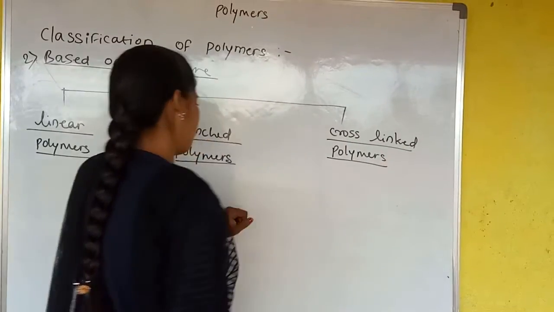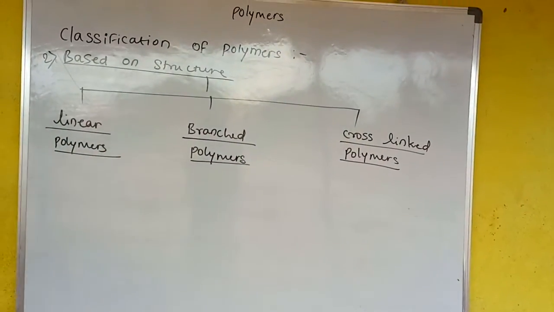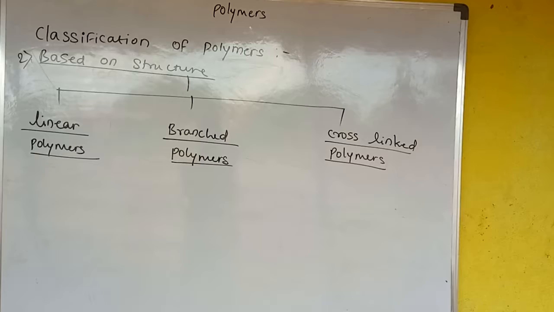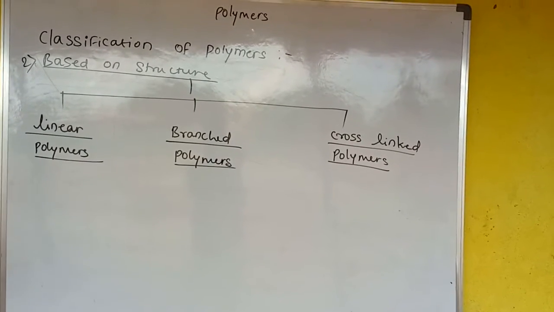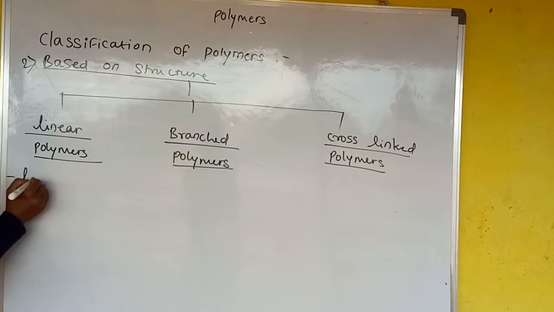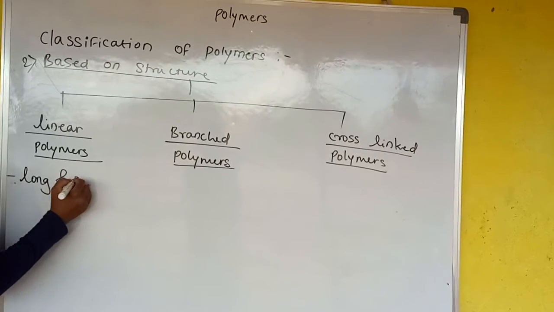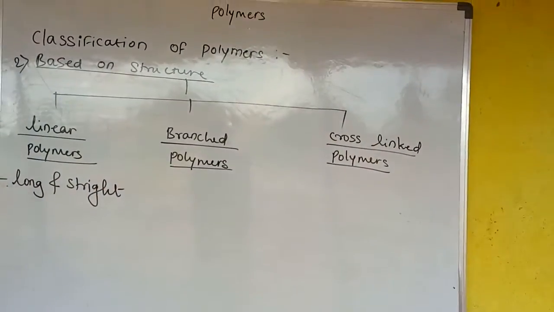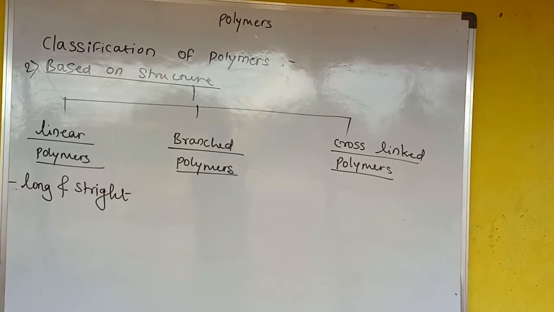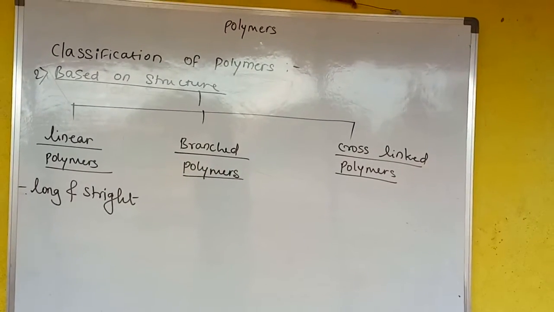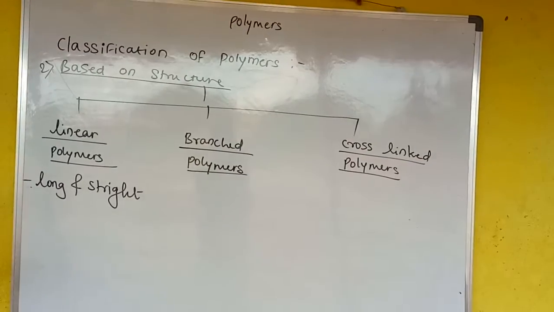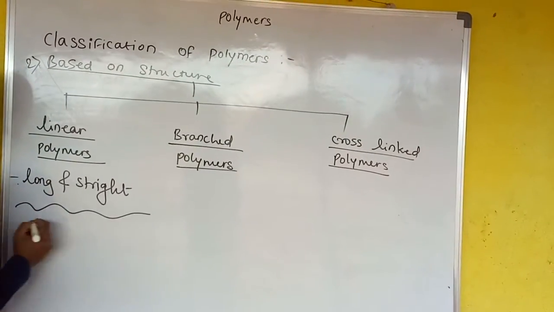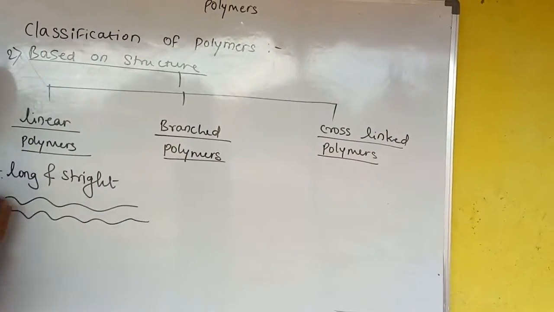Okay, let us study one by one. So what is linear polymer? The structure of linear polymers, they are long and straight, just like a fiber. There is no branching, nothing.